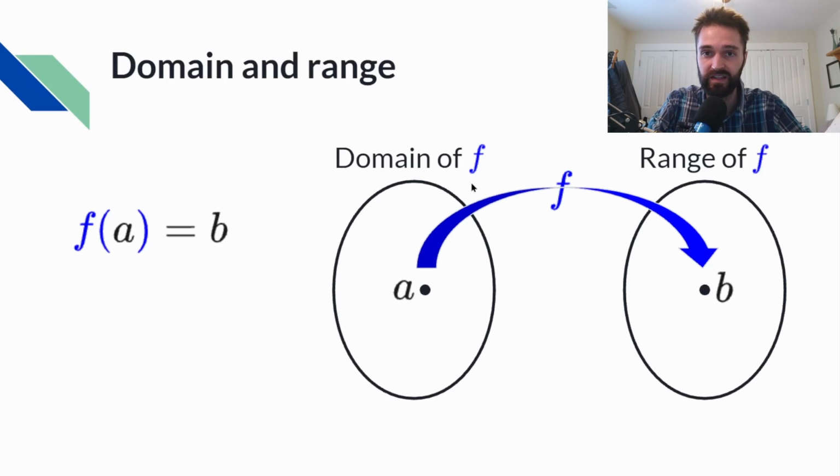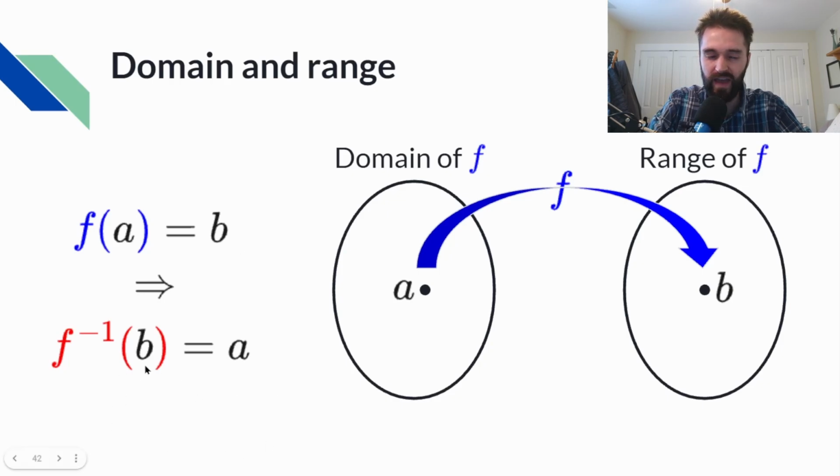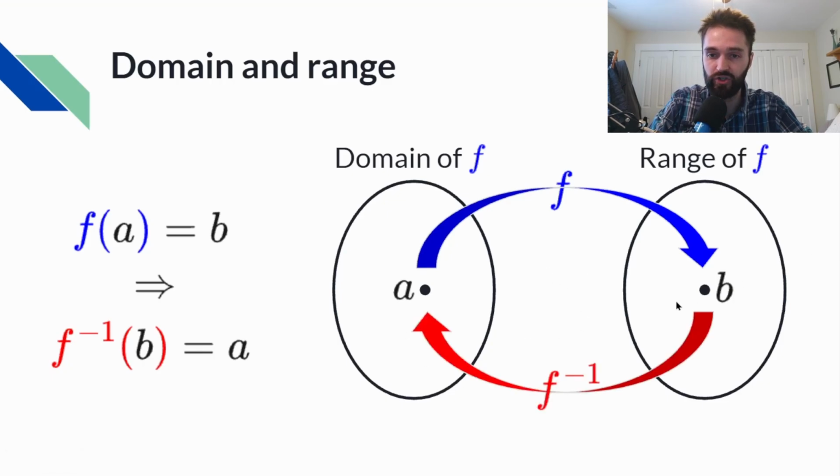This is the domain of f, and this is the range of f. So if f of a equals b, then that implies that f inverse of b equals a. We swap the input and output to get this. So if f inverse of b is equal to a, that means that we have a function going in this direction. f inverse of this number gives us this number.